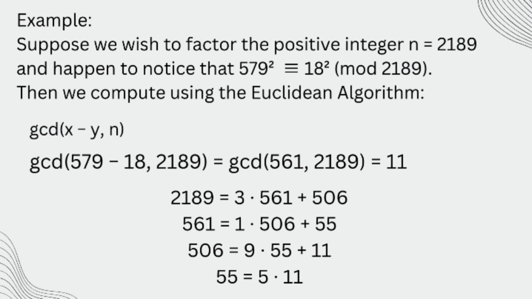So, kapag ginamit natin ang GCD of x minus y and n, meron tayong GCD of 579 minus 18 and 2,189, and then 579 minus 18 is equal to 561. Then the GCD of 561 and 2,189 is 11. Kaya, nakuha natin ang 11, which is the prime divisor of 2,189.